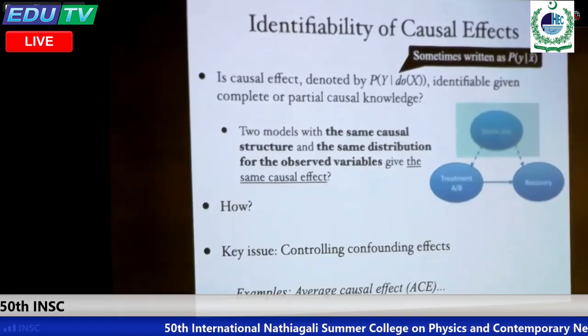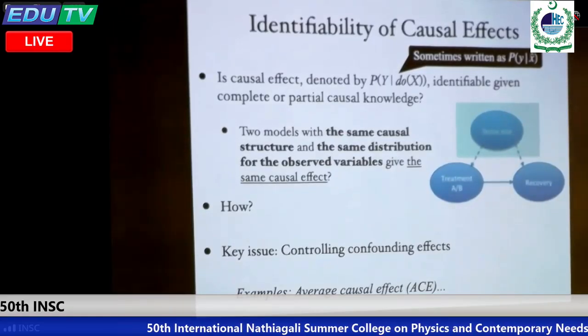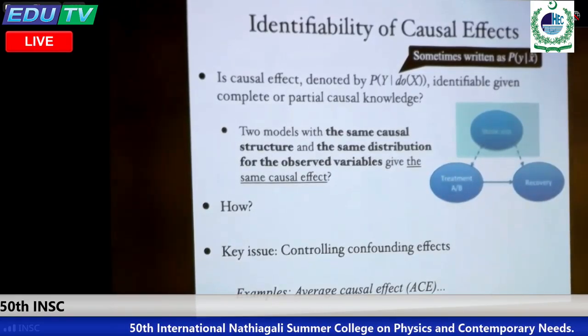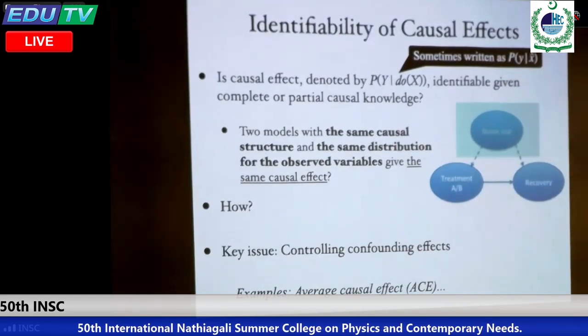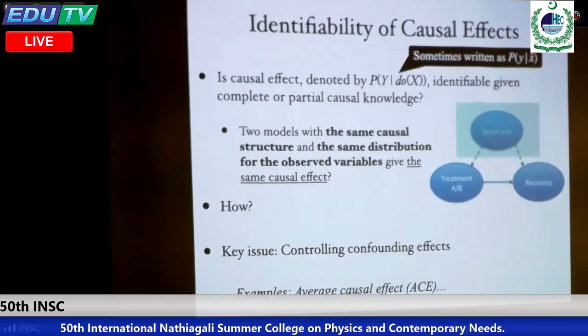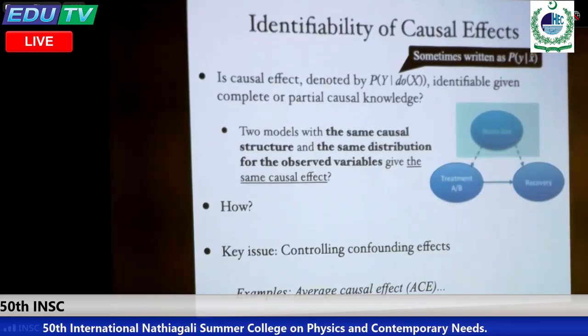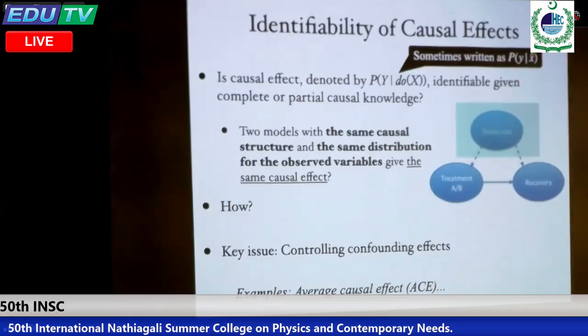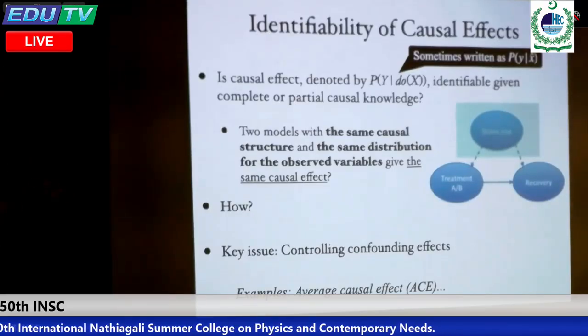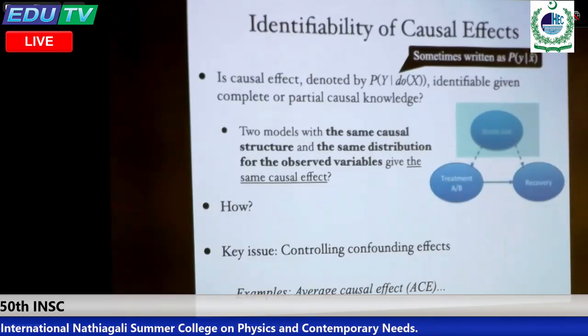Why do we care about it? Because if it's not identifiable, then it makes no sense to talk about the causal effect, because given the structure and the observed data, you cannot determine it. You want to find the truth. There's a big difference between causality research and traditional artificial intelligence or machine learning research. In causality, we care about the truth.